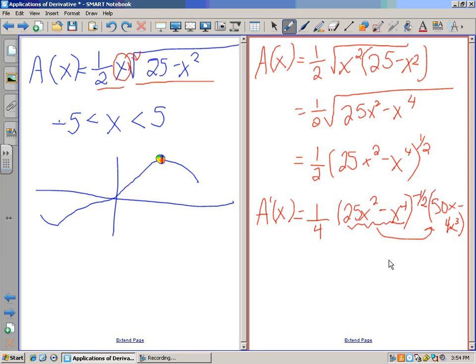Okay, so a little messy. I apologize for that. The derivative is 1/4 of 25x squared minus x to the 4th, bump the power down by 1 to the negative 1/2 power, times the derivative of the inside function, which is 50x minus 4x cubed. All right, so now I'm going to clean this up.